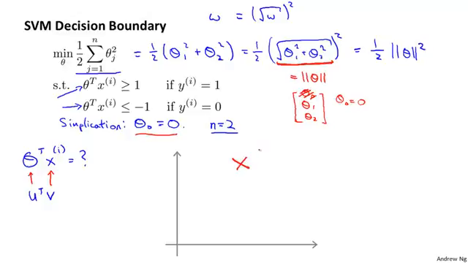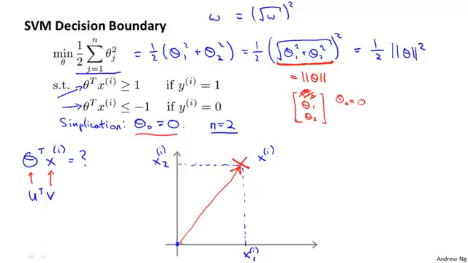Let's say I have a positive example that I'm drawing as a cross there, and let's say that's my example x(i). What that really means is that I've plotted on the horizontal axis some value x(i)1 and on the vertical axis x(i)2. That's how I plot my training examples. And although we haven't been thinking of this as a vector, what this really is, is a vector from the origin, from (0, 0), out to the location of this training example.